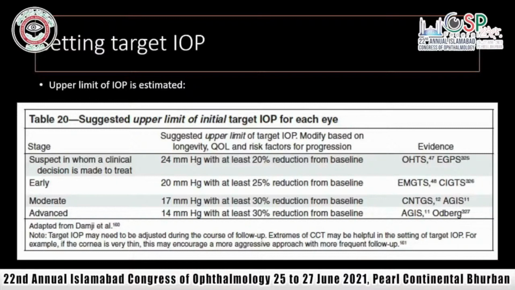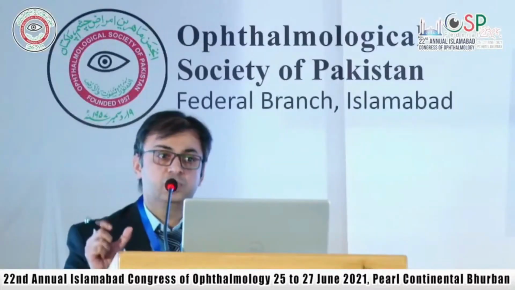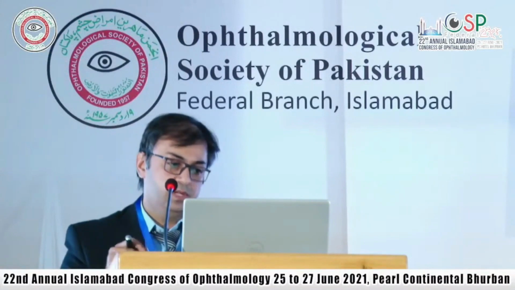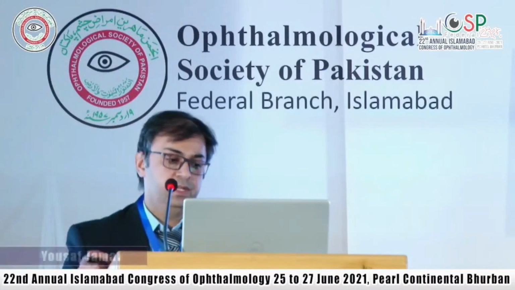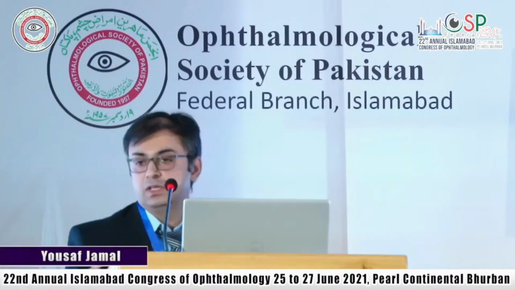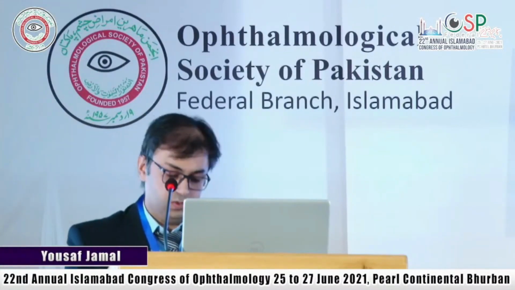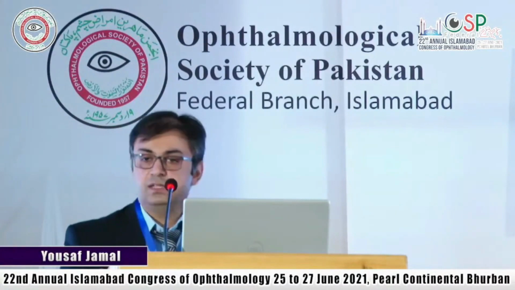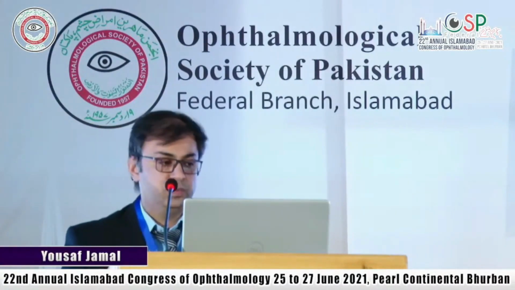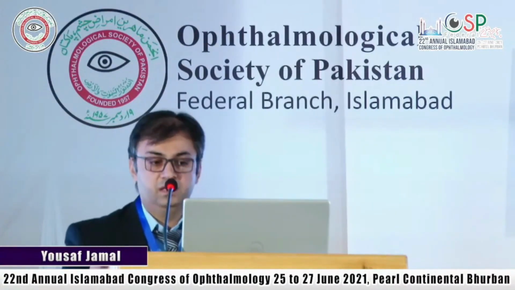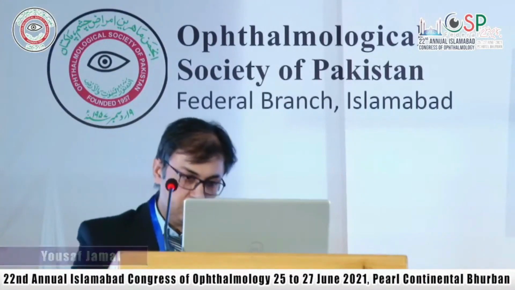It means the 20 and 25% should go simultaneously. Same in advanced, it should be either 14 millimeters of mercury, but with at least a 30% reduction from the baseline. So this is another guideline. These are the latest guidelines from the EGS, European Glaucoma Society, and are almost the same as the Canadian guidelines.